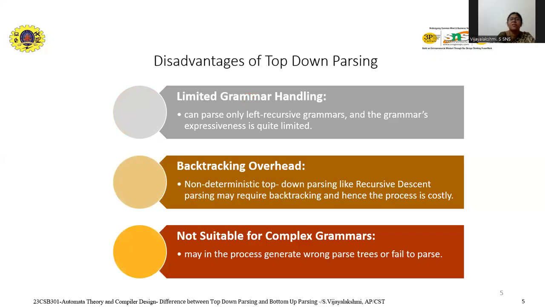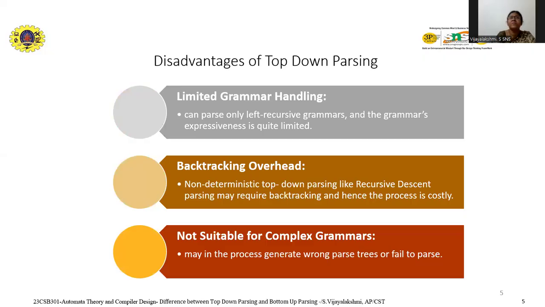Disadvantages: limited grammar handling, backtracking overhead, and not suitable for complex grammar. As already mentioned, top-down parsers can parse only non-left-recursive grammars, and the grammars are quite limited.